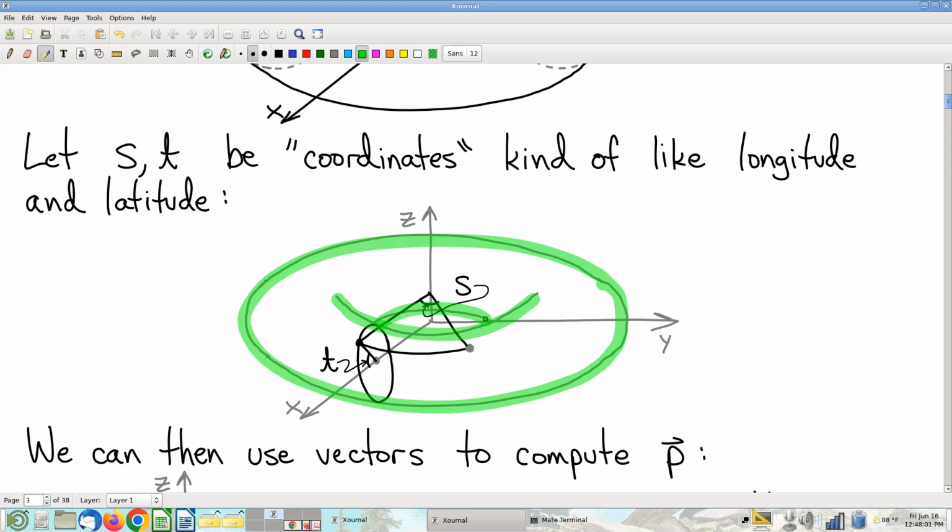How would we talk about where we are if we lived on a planet that was that shape? We wouldn't have the same notions of longitude and latitude. There is no North Pole or South Pole. So something's going to have to be different. But nevertheless, I would propose that a couple of angles would still be a pretty handy way to describe location on this strange planet.